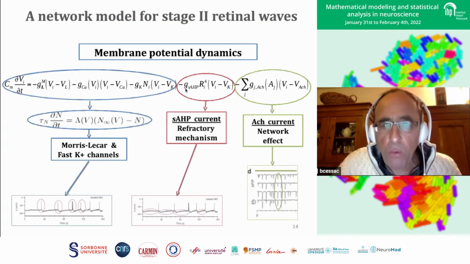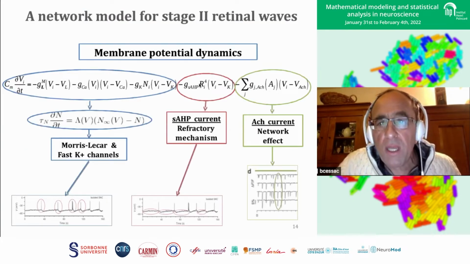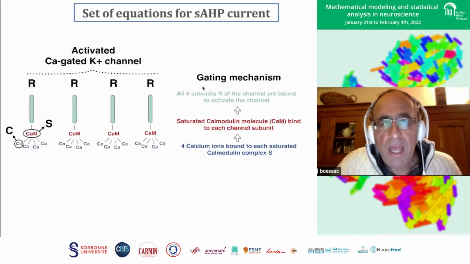So this explains why here you have a power 4 in the conductance. This is the probability that 4 gates, 4 terminals, are gated simultaneously, and this power 4 is actually very important.